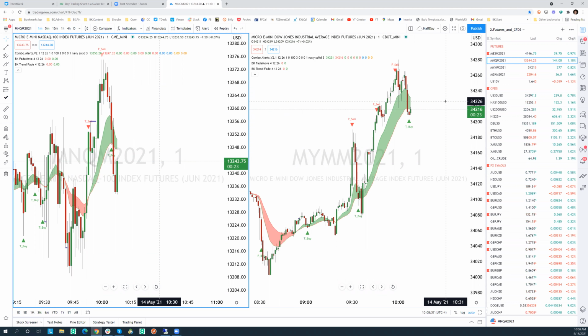Let's see what the Dow does. It's a pretty tepid bounce here, but I'm going to stick to our rules. If this does indeed turn green, I'm taking a shot on this trade. No trades.